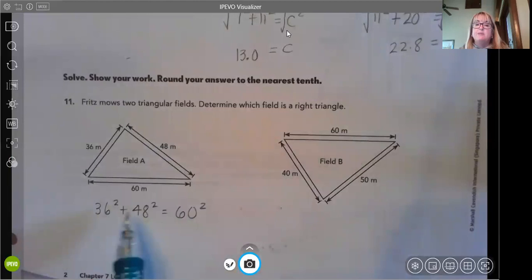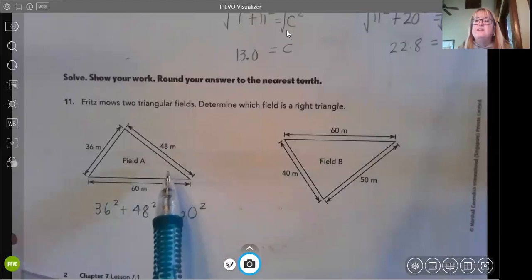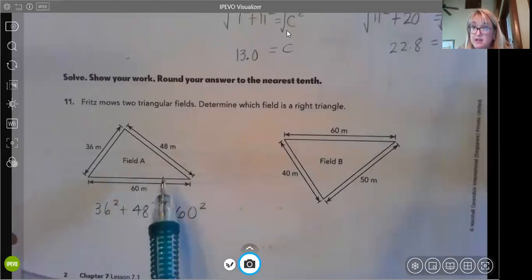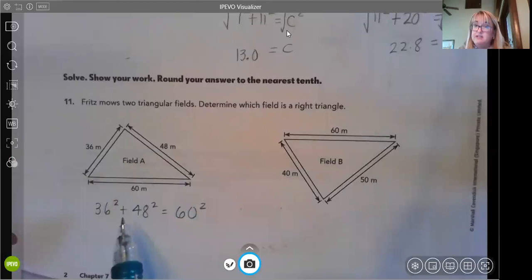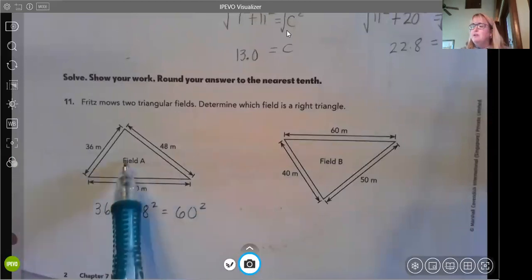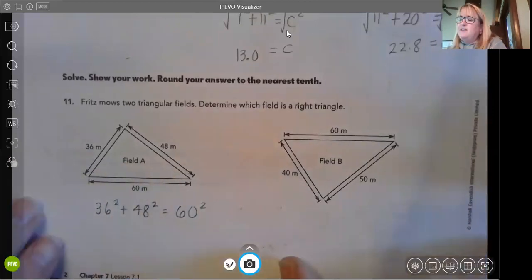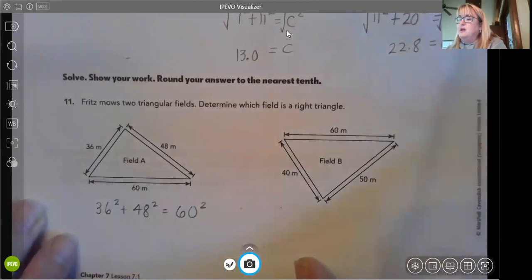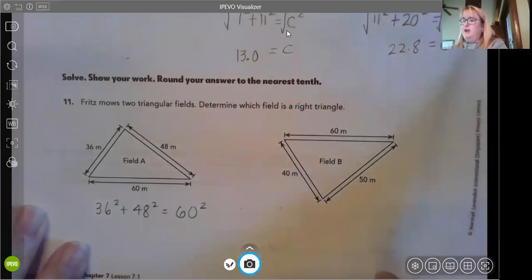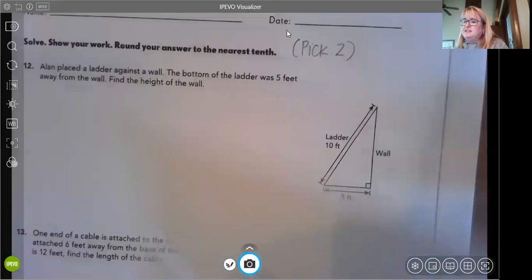If 36 squared plus 48 squared is equal to 60 squared, then this is a right triangle. If it is not the same, then it is not a right triangle. So you're going to figure that out for both of these to figure out which one is a right triangle, or maybe both of them are, or none of them. All right, so that's 11.